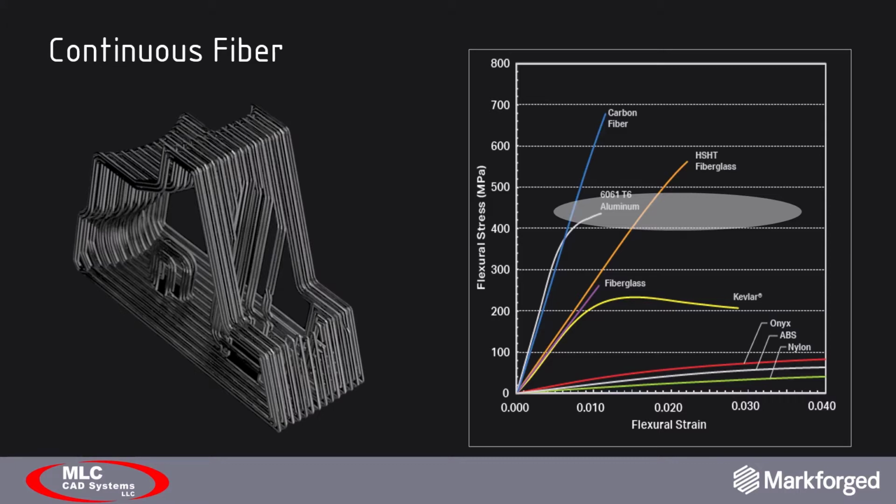So for Acme Audio, they were able to print stronger production parts than just with a basic plastic material. The dramatic increase comes from the additional continuous fiber in the part. Markforged technology has the ability to integrate carbon fiber, Kevlar, fiberglass, and a high-strength, high-temperature variation of fiberglass into your parts.